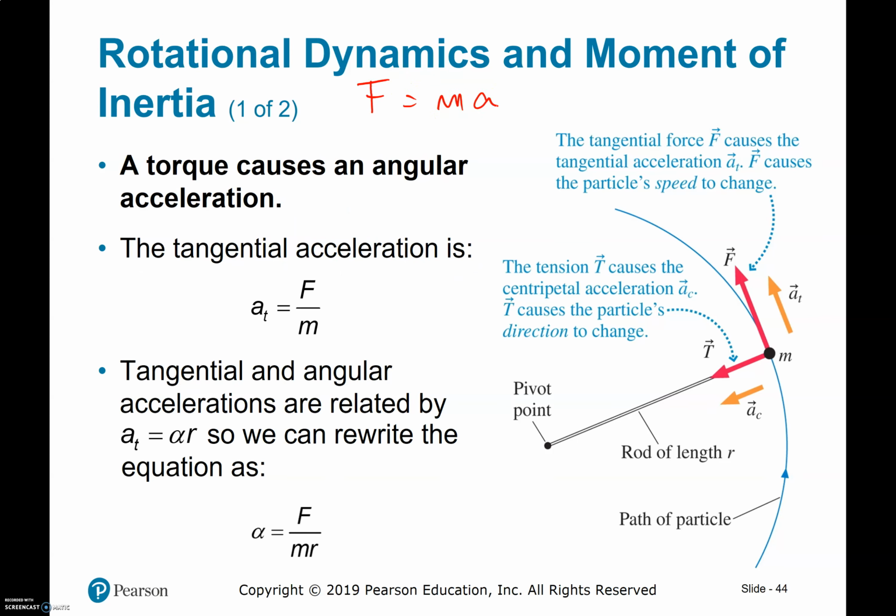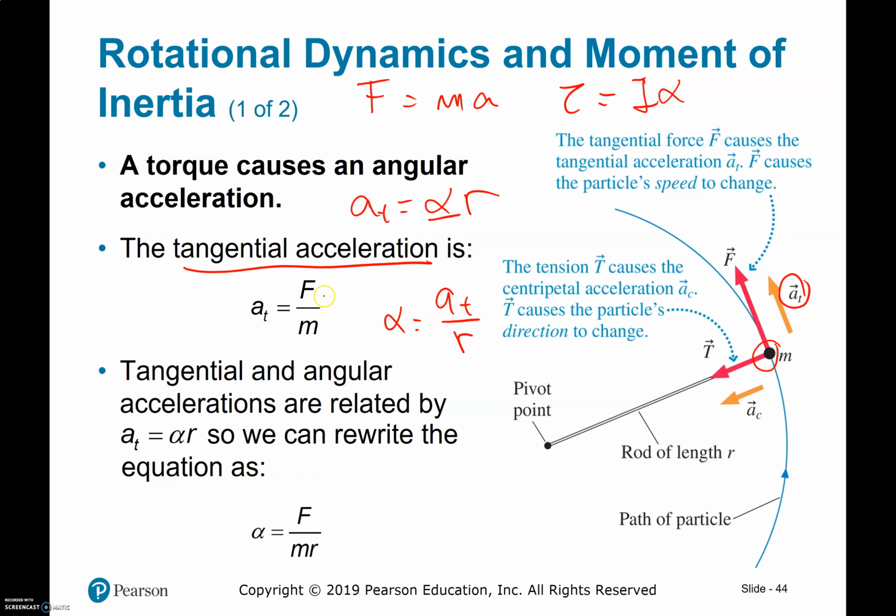So that's the linear acceleration, what is called the tangential acceleration. So now we know that the tangential acceleration is alpha times r, so we can write alpha is equal to the tangential acceleration divided by r, right?